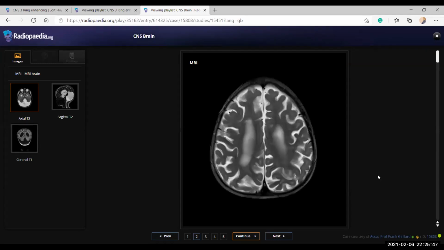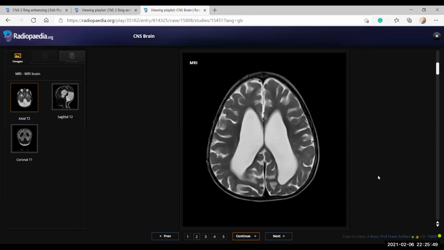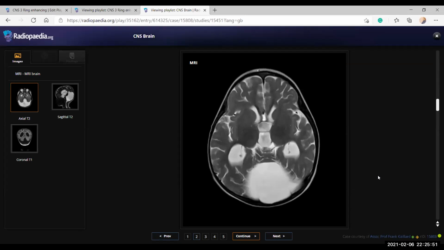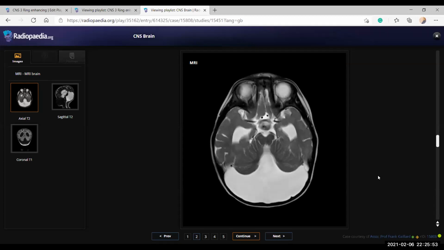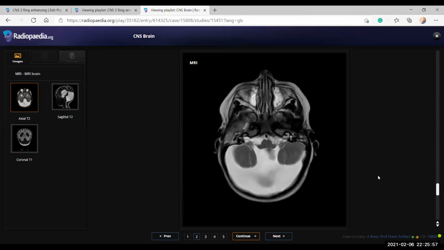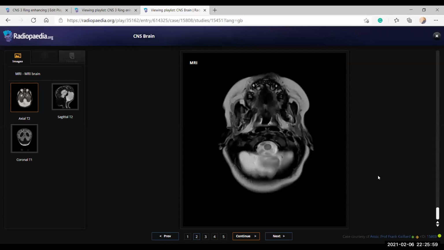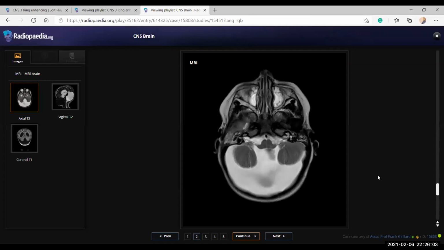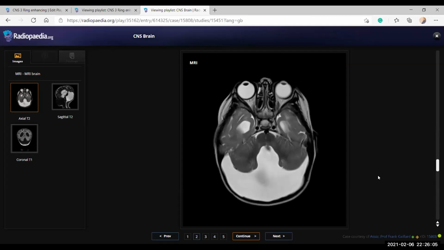There is also aplasia of the vermis, which is rotated superiorly. Yes, here this is the enlarged posterior fossa by CSF cystic space connected to the fourth ventricle.